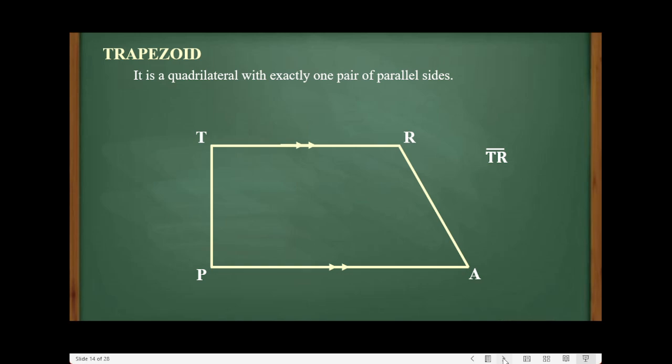Here we have segment TR parallel to, this symbol, the double vertical bar, read as parallel to, what other segment? Segment PA, the lower horizontal side. So these two horizontal sides of the trapezoid are parallel, which makes this a trapezoid.